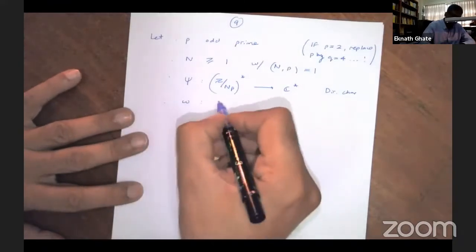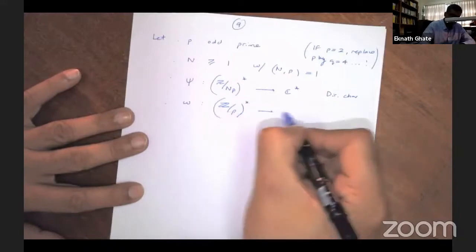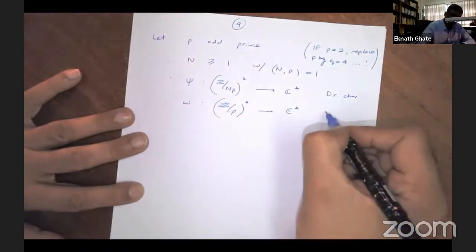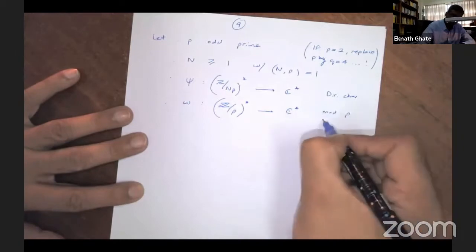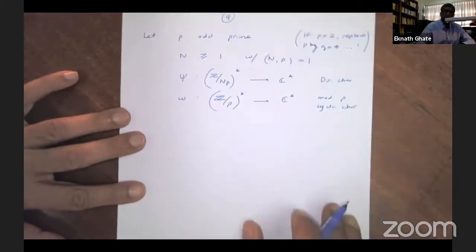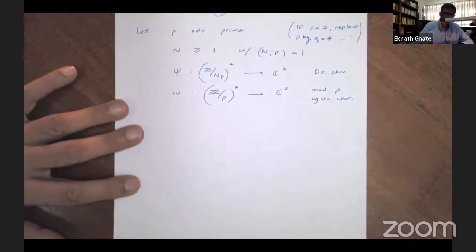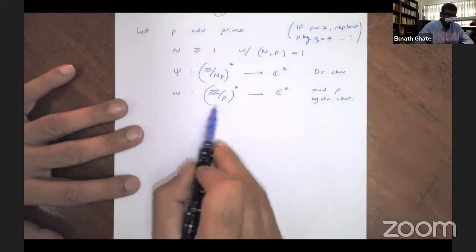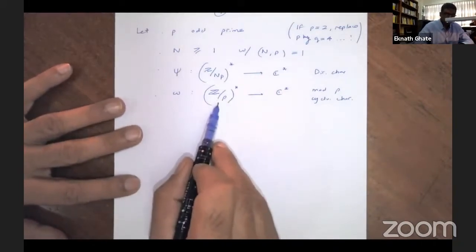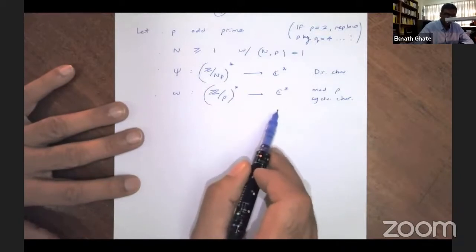Omega is this character I defined yesterday, very quickly. So this is the mod p cyclotomic character. So what was this character? Given an integer a coprime to p, you map it to the unique (p-1)st root of unity.